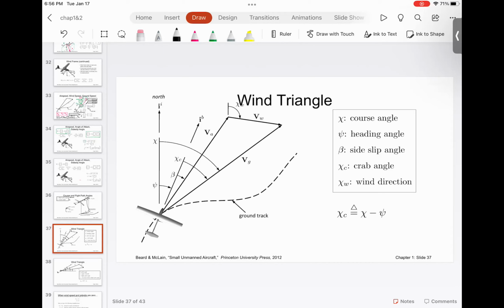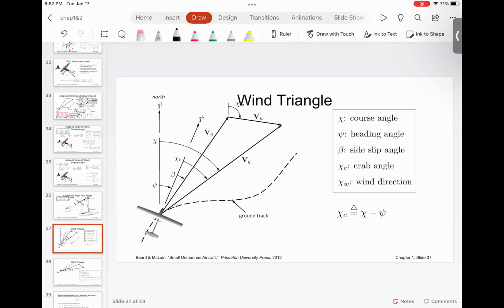Then you will notice, if you look from the top, you have the angle beta. Please note, this figure does not show you alpha, because alpha is not visible when you're looking from the top. The only angle that is visible is beta. You also have the heading, which means yaw, the direction in which the aircraft is pointing.